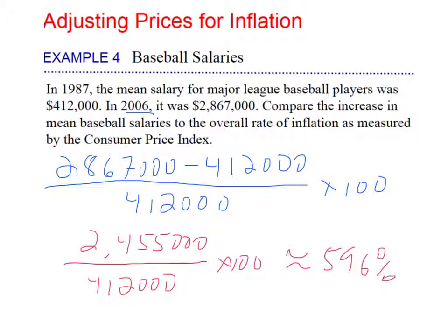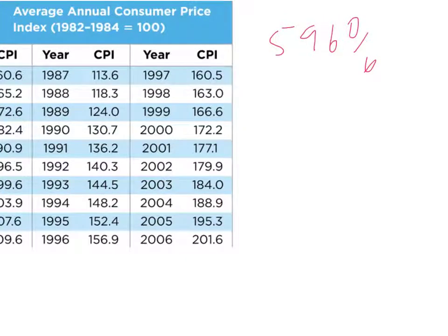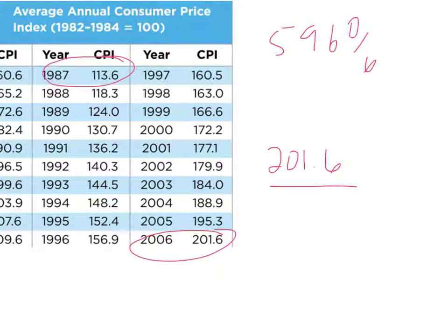So I'm going to round to the whole, and I'm getting a 596% increase. Okay, how does that compare to the inflation that's looking at the consumer price index? So comparing the 2006 index, I'm seeing the CPI was 201.6. Remember, these are percentages. I'm going to divide that by the 1987 index. And then I'm going to want to compare this back.